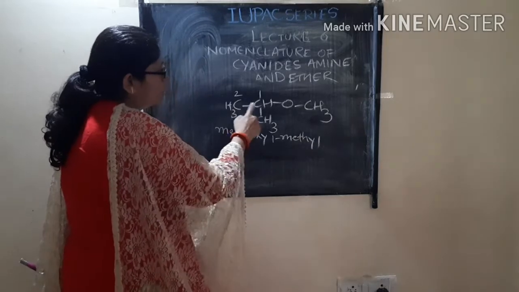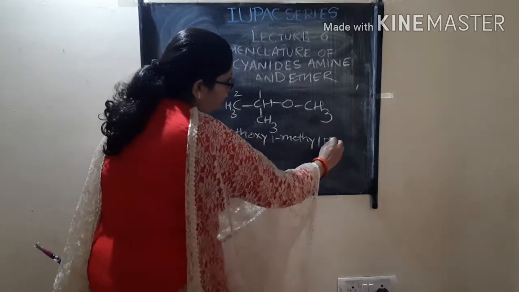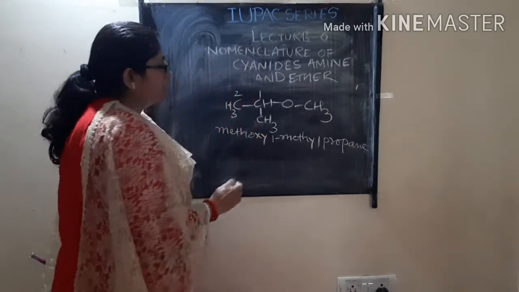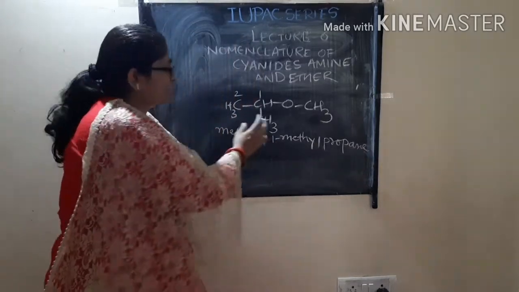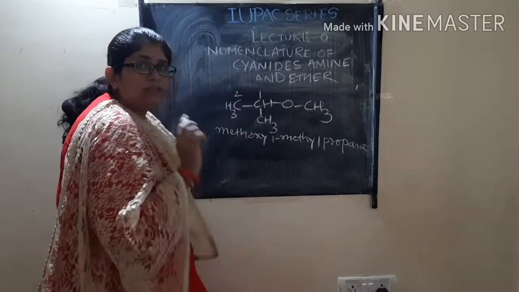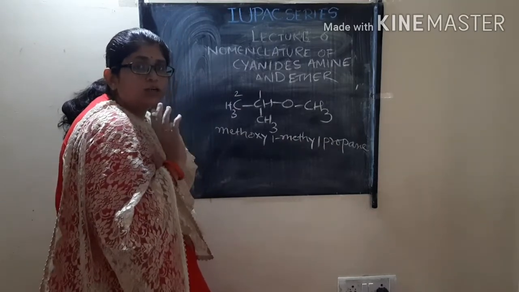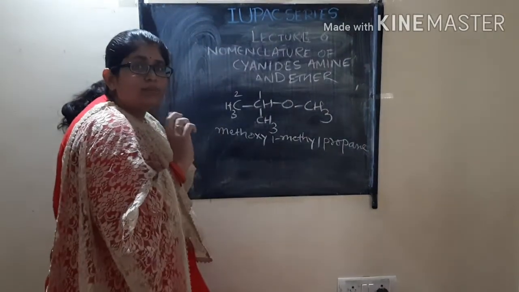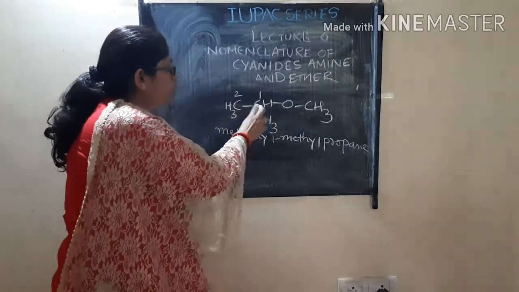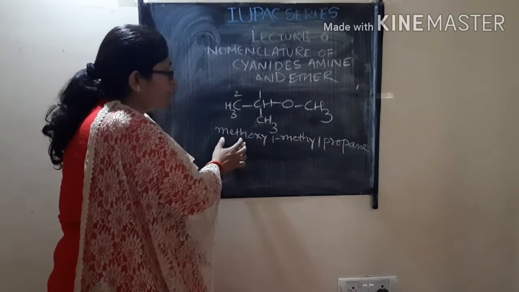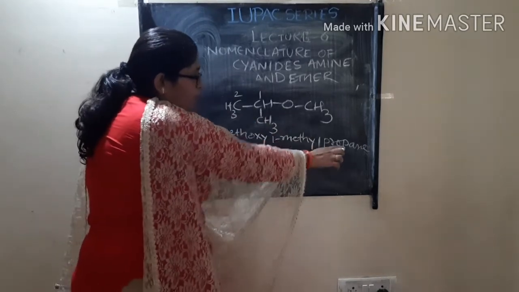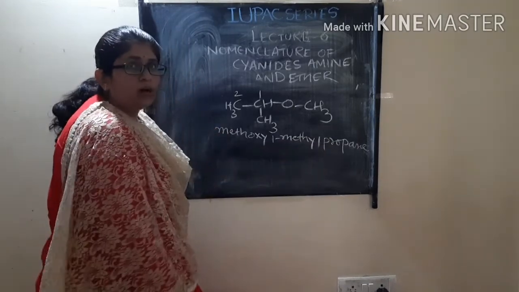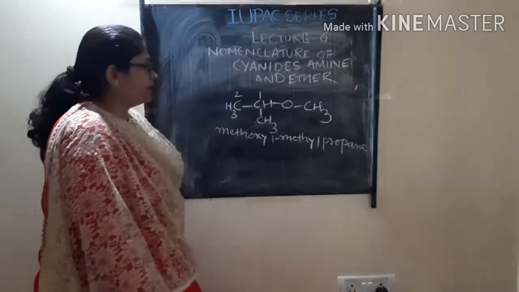How many carbon? 1, 2, 3. So it will be propane. Here, some students might say that you should write here ethane. But in the case of ether, at both sides we are counting the number of carbon atoms. So 1, 2, 3. Here 1, so meth. Here 3, so prop. So it will be 1 methyl propane. Understood, students?